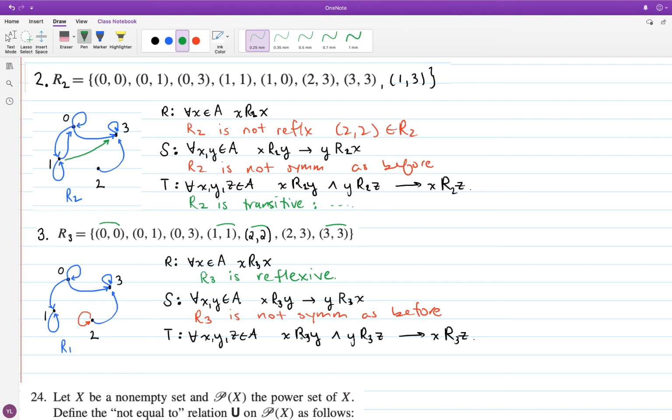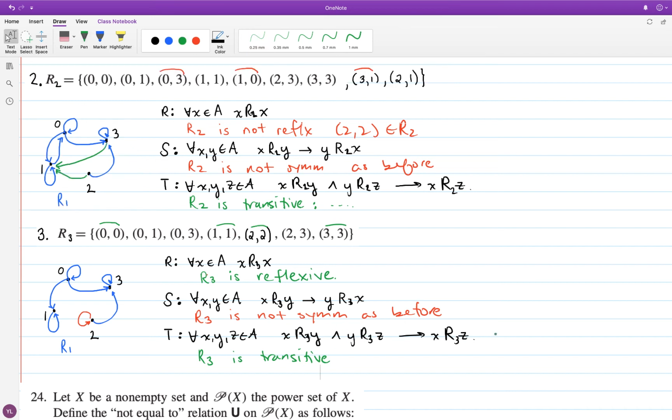So the conditional is true when either one of these fragments is a double. But you're not going to be able to find an arrangement of 2 arrows in sequence at all in this diagram. So there's really nothing to check. This is almost vacuously true if you're ignoring the loops in the graph. So R3 does end up being transitive, simply because every single time this arrangement holds true, the back end holds true as well.